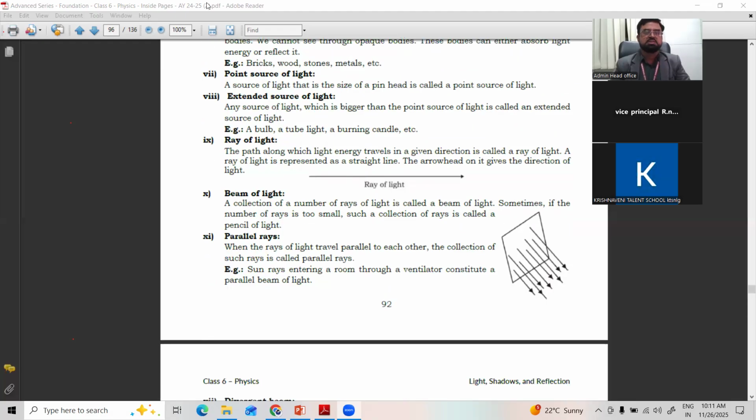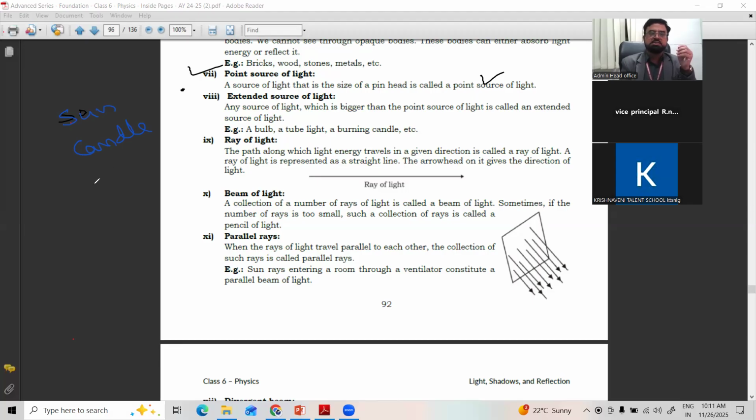Now we move a little forward, some more very important terms are there, like the seventh one, point source. A source of light that is the size of a pin, a small size, is called a point source. There are so many sources of light. What are the main sources of light? For example, the sun is a source of light, a candle is a source of light, a bulb is a source of light.